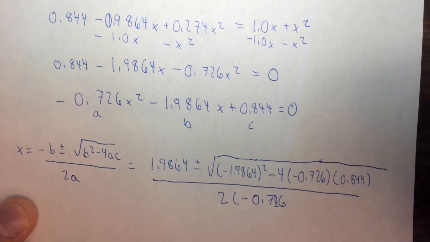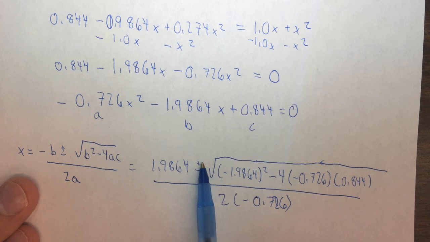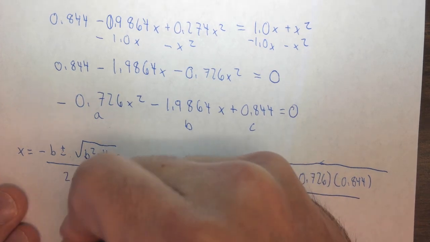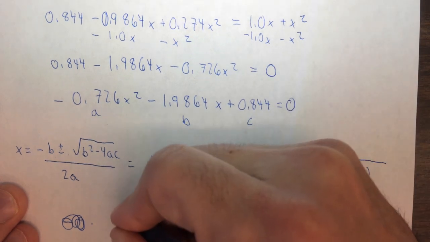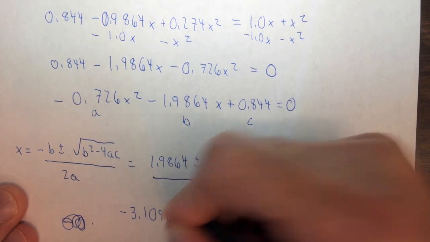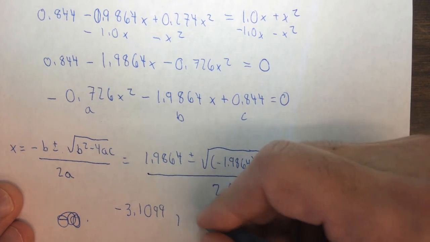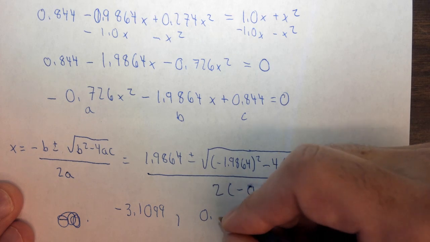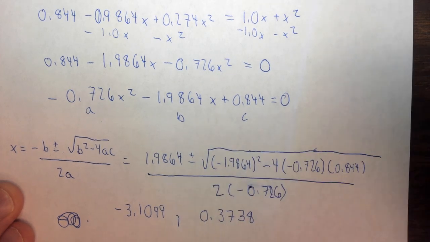Now, when you do the plus, you get negative 3.1099. When you do the minus, you get 0.3738.